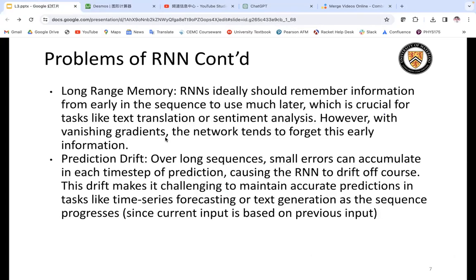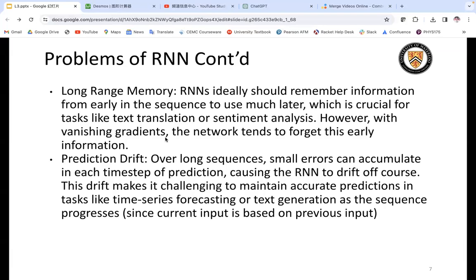Another related problem is long-range memory. RNNs ideally should remember information from early in the sequence to use much later, which is crucial for tasks like text translation or sentiment analysis. However, with vanishing gradients, the network tends to forget this early information.